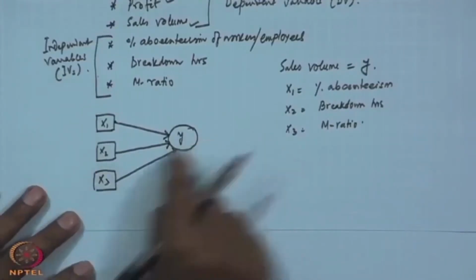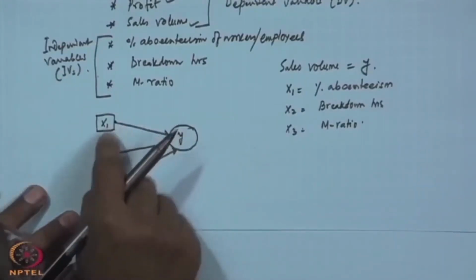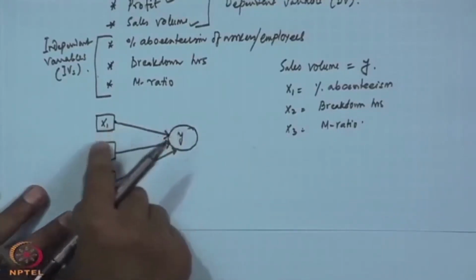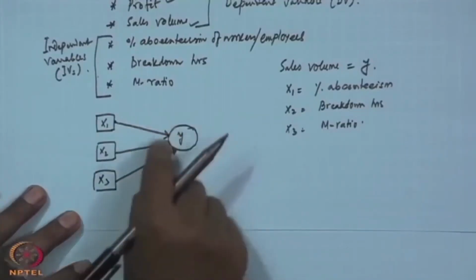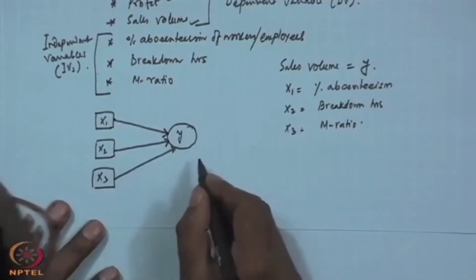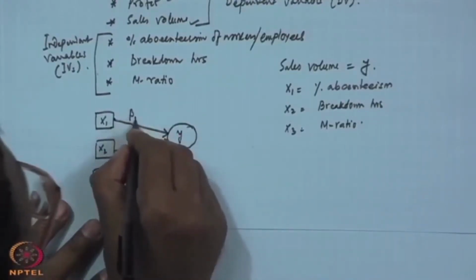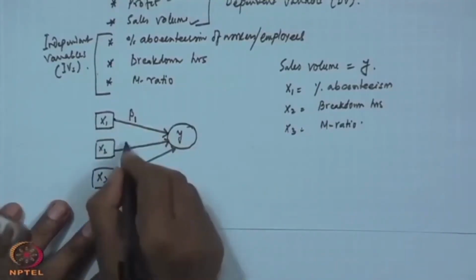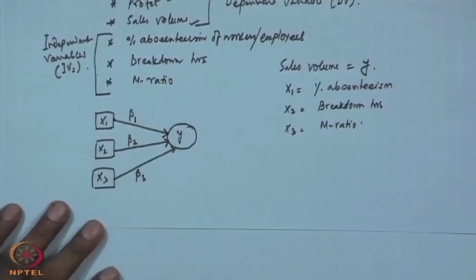So x1 influences y, that is why the arrowhead emanates from x1 and terminates at y. We can say that x1 has influence of beta 1, x2 has influence of beta 2 and x3 has influence of beta 3.